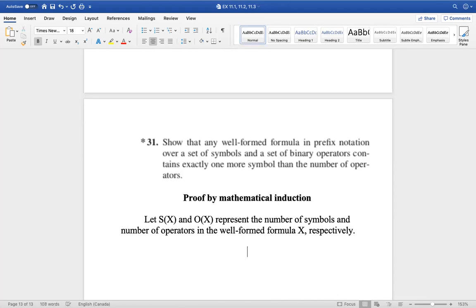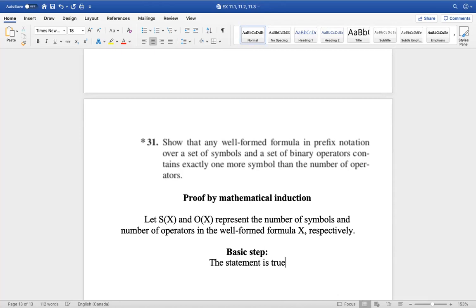Now this statement, this is like the basic step. The simplest well-formed formula is of length 1. So the basic step will involve length 1.